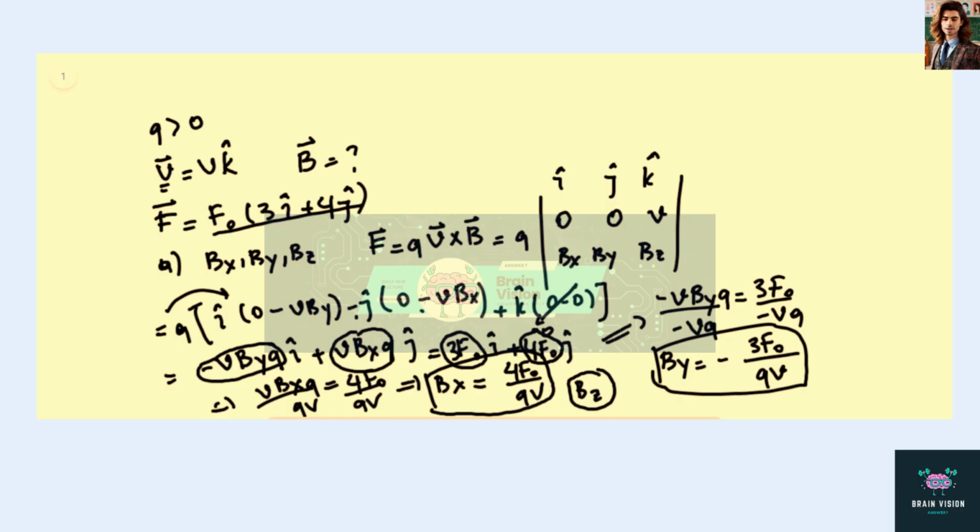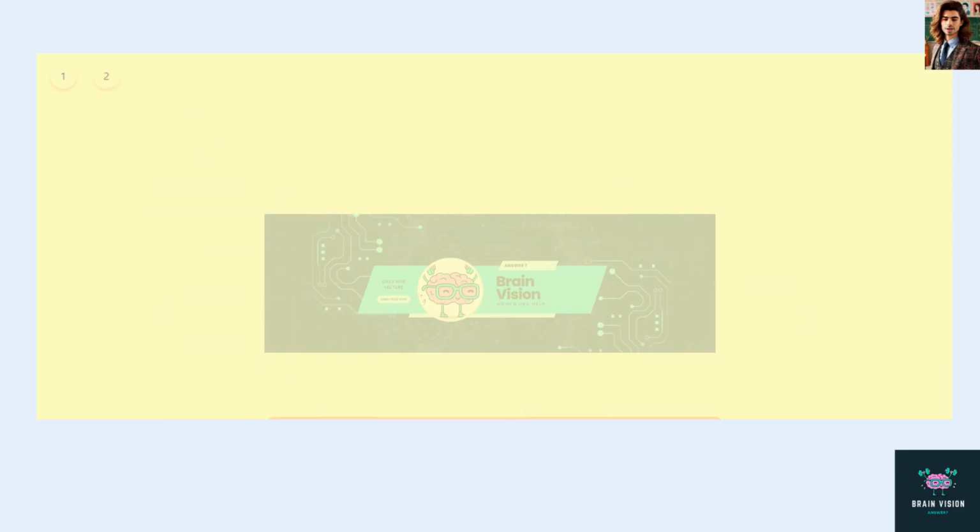Now, in part B, we are actually given the magnitude of the total field. So we are given B, total B, that will be equal to the square root of B sub x squared plus B sub y squared plus B sub z squared. Using this equation, we can get information about B sub z.